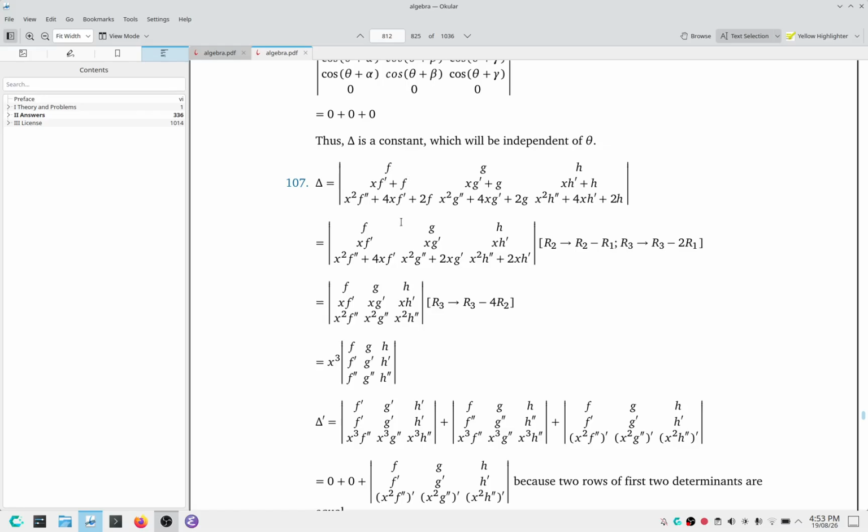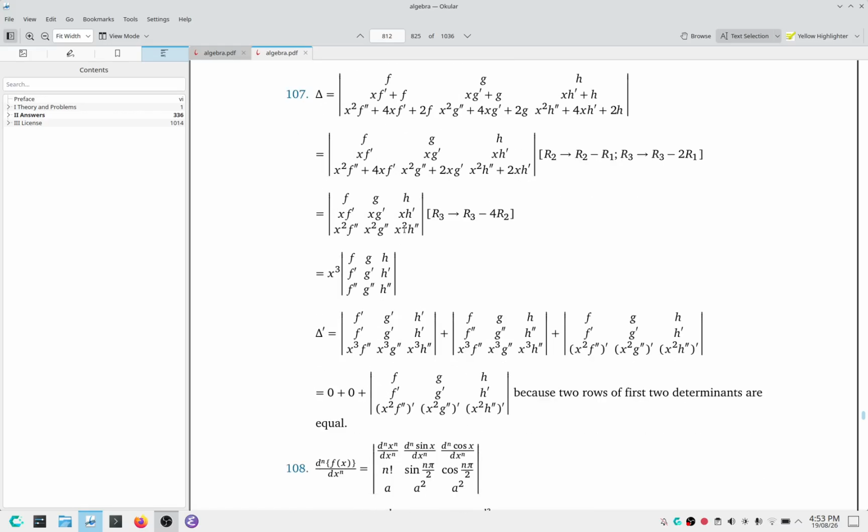So once we have this determinant, what we do is we do R2 minus R1 and R3 is equal to R3 minus 2R1. The components f, g and h will be cleaned out from the second and third row. Now we do R3 is equal to R3 minus 4R2.